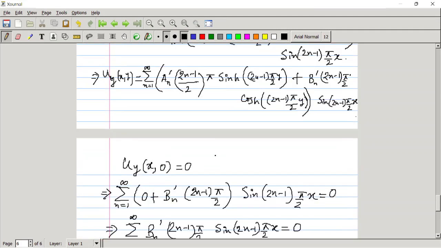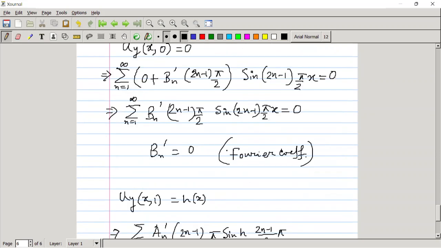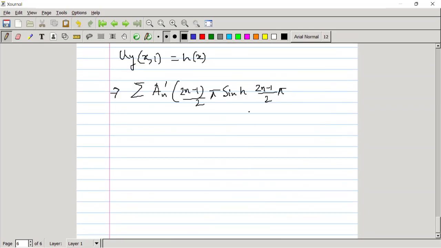You just look here: uy(x, 1), and bn dash I have got already 0. So an dash into this into sine of (2n minus 1) pi by 2 into x that I got equal to h(x). Here h is a real valued function, so it is not true that h is 0. So I got an dash as non-zero, right?